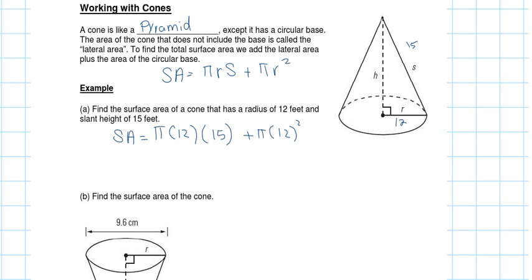So find the answer for the lateral surface area first. I just like to keep my answer with pi for now. So what I did is I multiplied 12 by 15, so that gives me 180 times pi. Plus, if I do 12 squared, that's going to give me 144 pi.